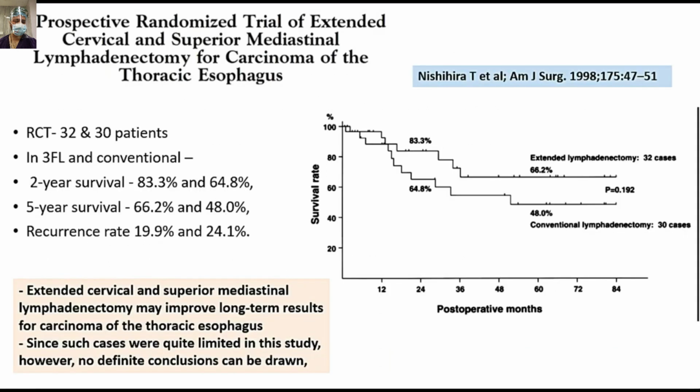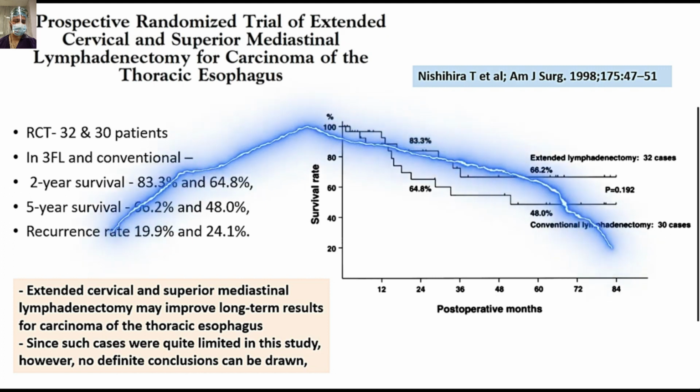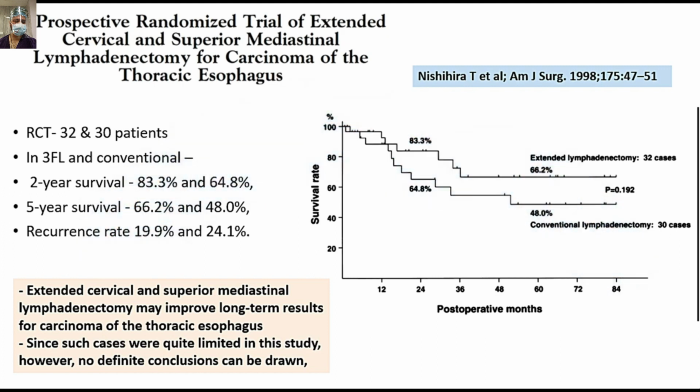This is another landmark trial by Nishihara et al.: prospective randomized trial of extended cervical and superior mediastinal lymphadenectomy for carcinoma of the thoracic esophagus. In this trial, they randomized 32 and 30 patients in three-field versus conventional. The 2-year survival was 83.3 versus 64.8. 5-year survival was 66.2 versus 48.8.